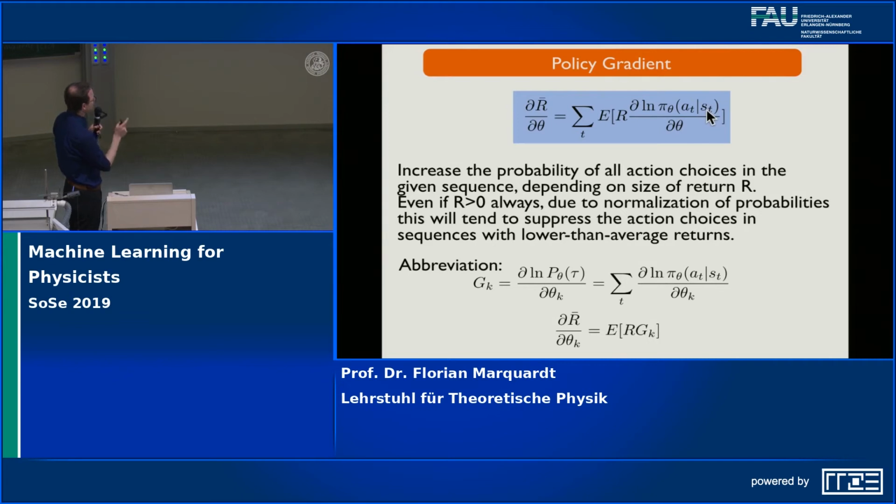This is the probability for taking action a_t at time t given state s_t. So now you have to remind yourself, one particular trajectory was defined by the sequence of all states and actions. And now for this particular sequence, you ask yourself, how can I make the probability for one step inside the sequence larger? And actually, since you're summing over all times, you're really asking, how can I make, on average, all the probabilities larger?